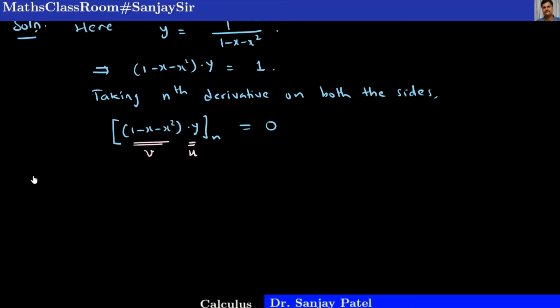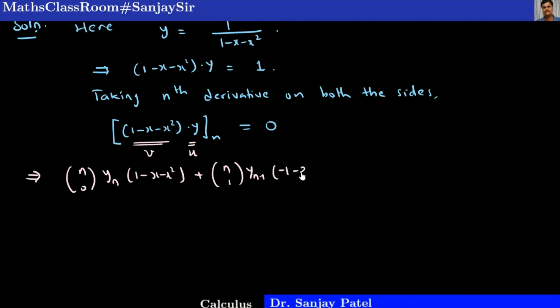So applying the Leibniz theorem, what we get here is nC0 into the nth derivative of u, that is yn, into the function v as it is, 1 minus x square, plus nC1 into yn minus 1 into the first derivative of v, that is 0 minus 1 minus 2x.